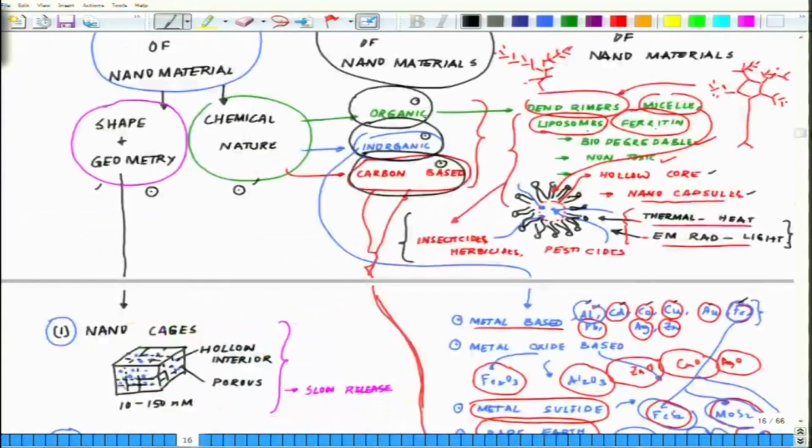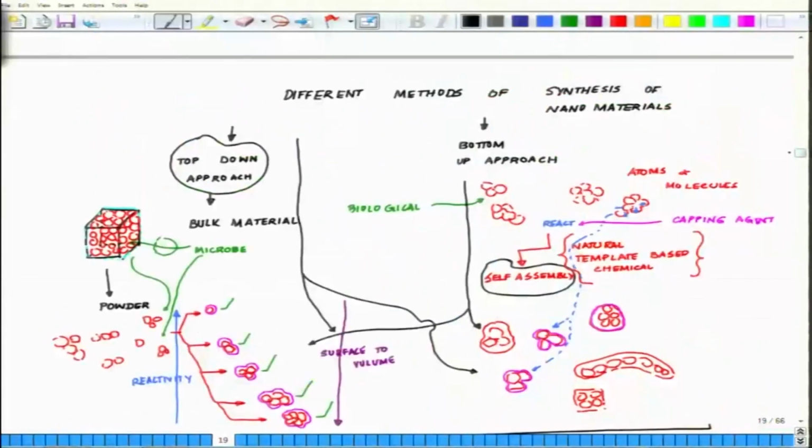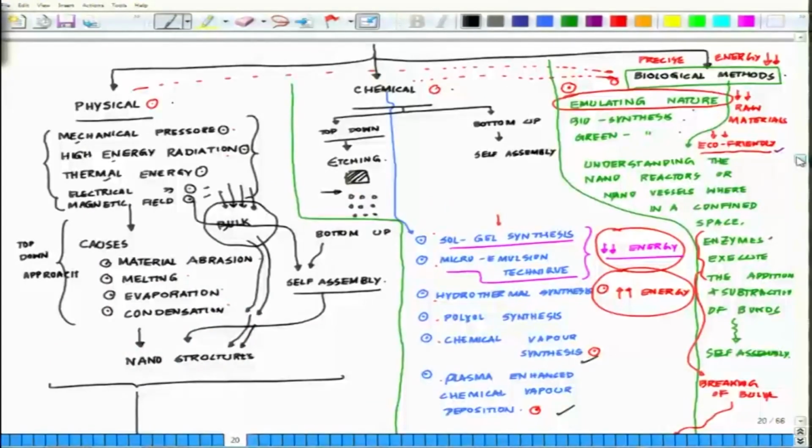Okay. Then in terms of the chemical nature, they could be either organic, inorganic or carbon based, and in terms of the synthesis, we could have either top down approach or bottom up approach, and these are further classified based on the route we are following. They could be physical, chemical or biological.